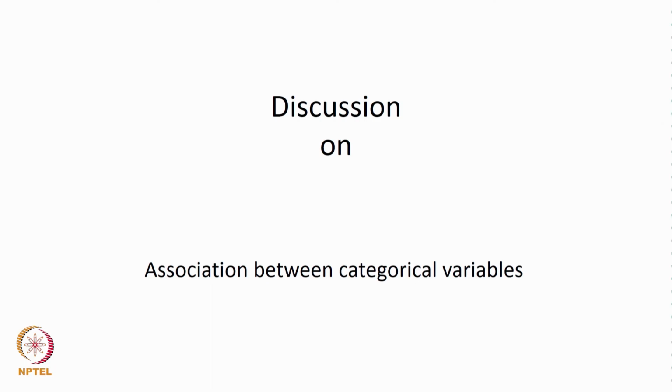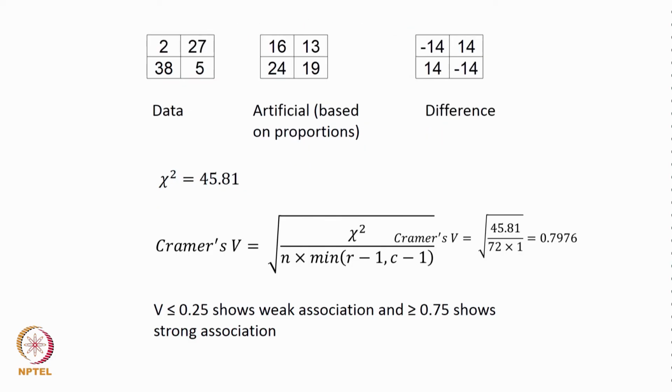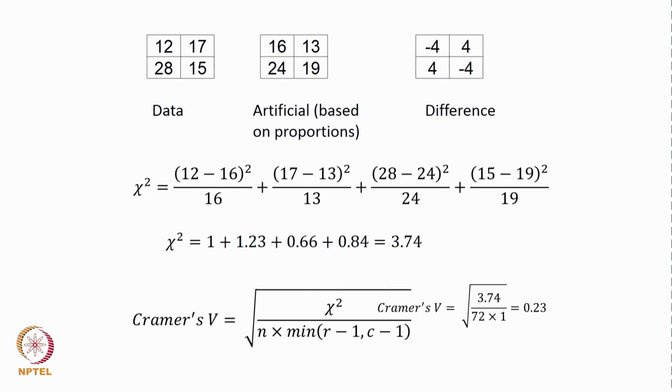Therefore, we end the discussion on association between categorical variables using two metrics, primarily Cramer's V, which comes out of the computation of chi-square. Cramer's V less than or equal to 0.25 shows a weaker association, and Cramer's V greater than or equal to 0.75 shows a strong association. For example, in the first data, Cramer's V was 0.23.